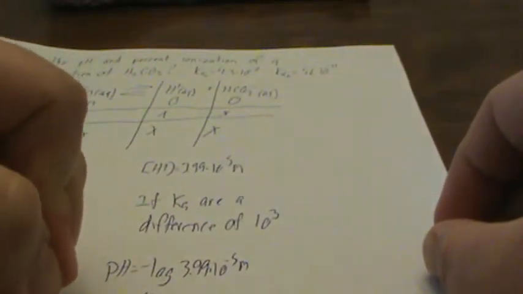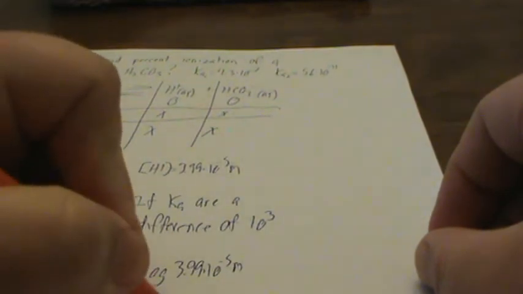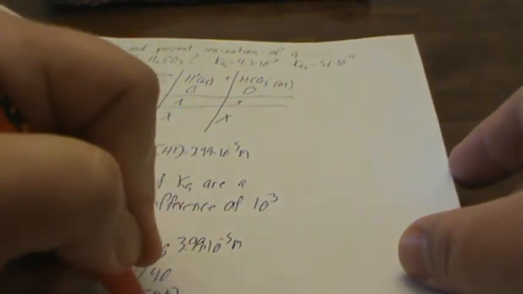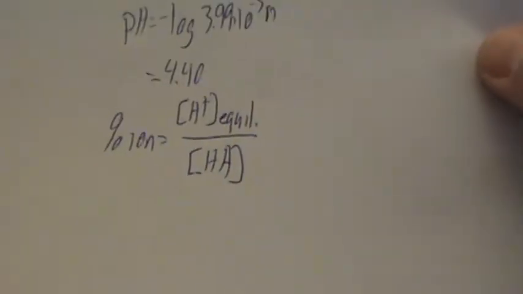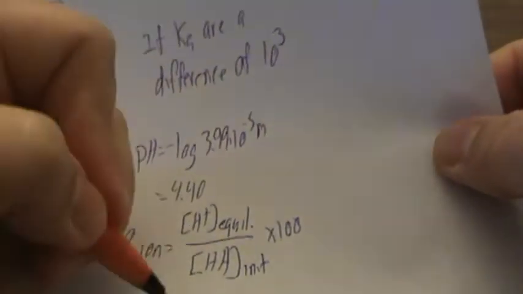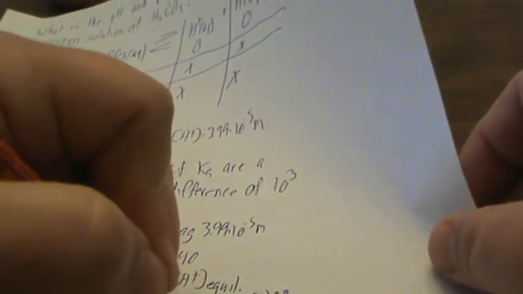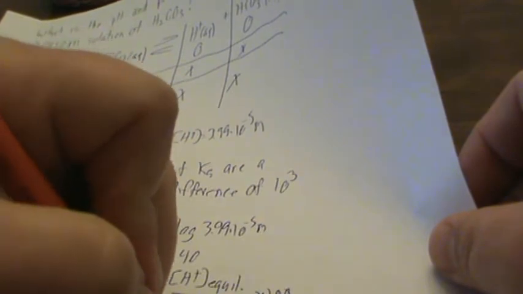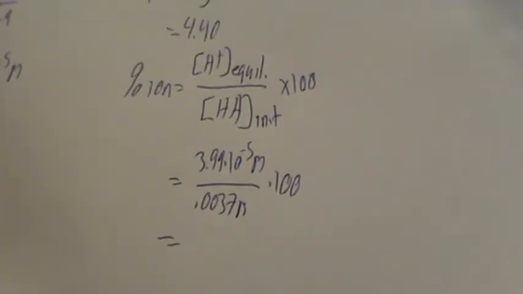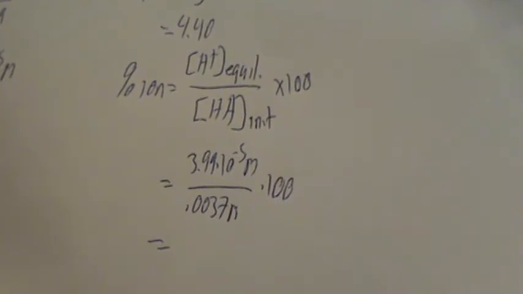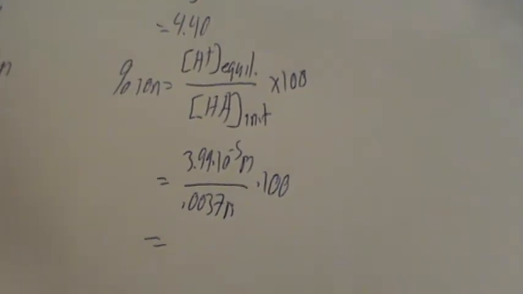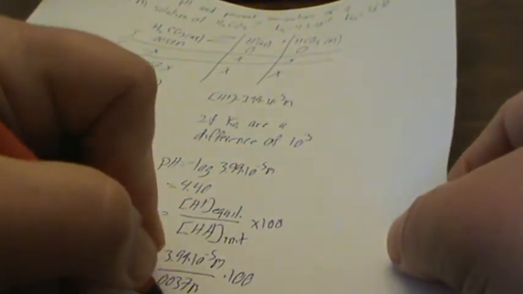For the percent ionization, we take our hydrogen ion concentration at equilibrium over the weak acid's concentration initially, times 100. 3.99 times 10 to the negative fifth molar over 0.0037 molar times 100. And our percent ionization is 1.08%.